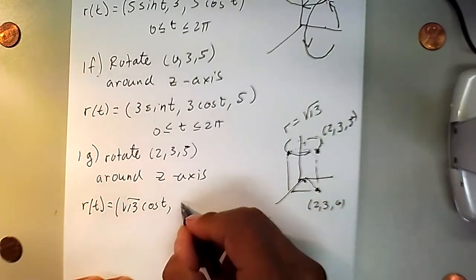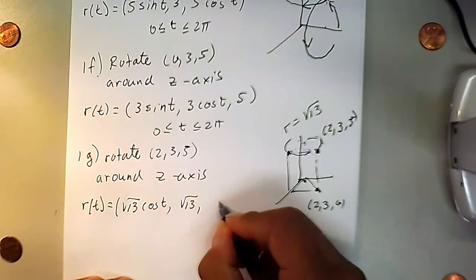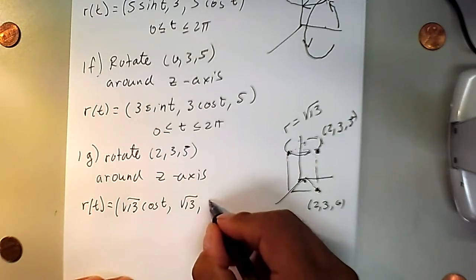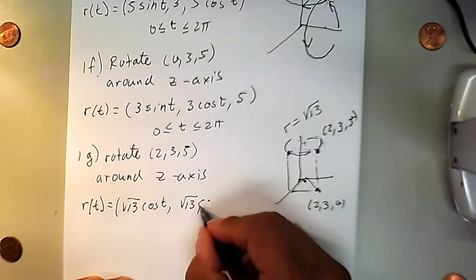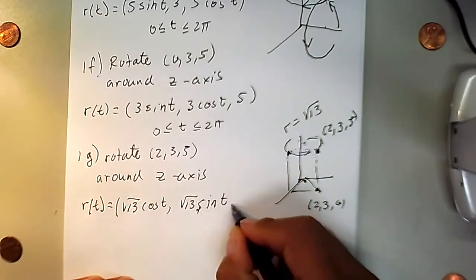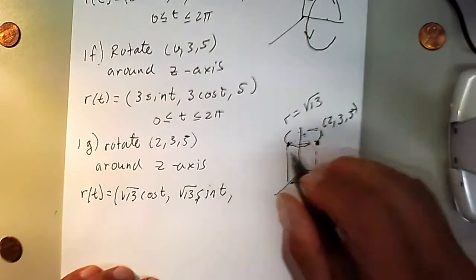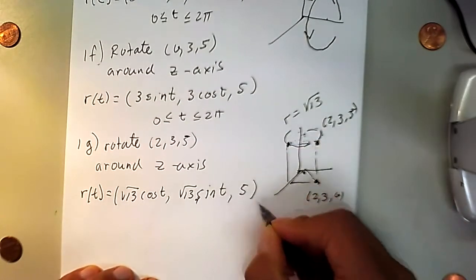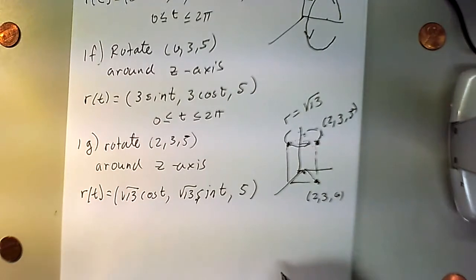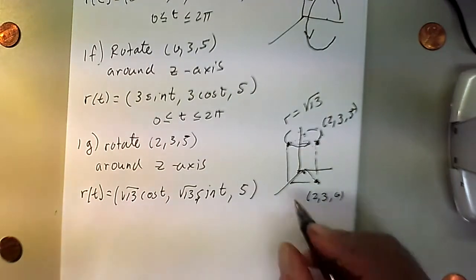So the y value is going to be square root of 13 sine of t, comma, and then this is going to be leveled at 5. So just keep the 5 there. Okay, so that will do it.